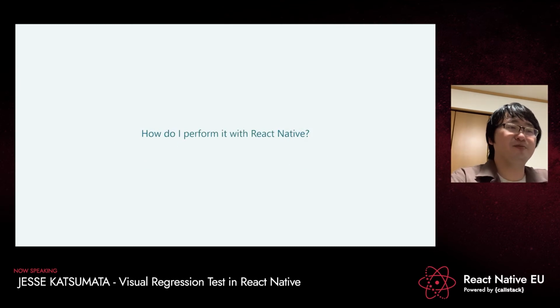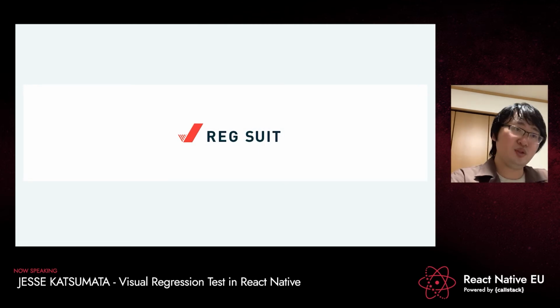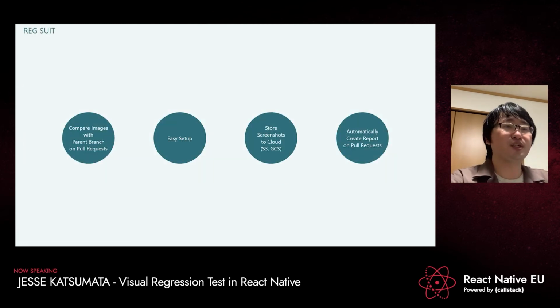So how do I perform visual regression tests with a React Native project? There are probably many different frameworks that allow you to perform visual regression tests, and the one I use for our project is called RegSuit. RegSuit is an open source testing framework for visual regression tests.